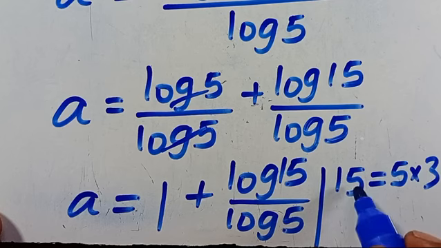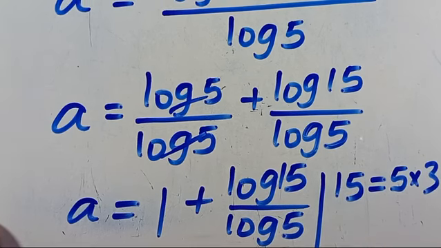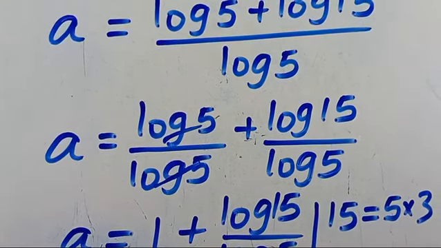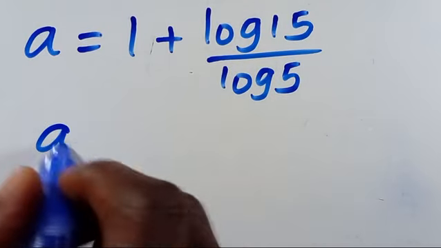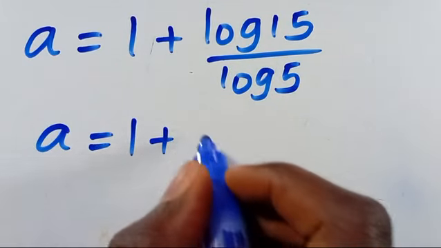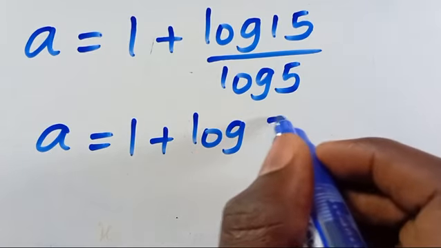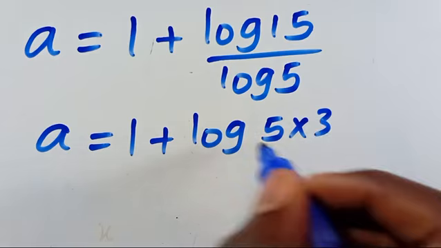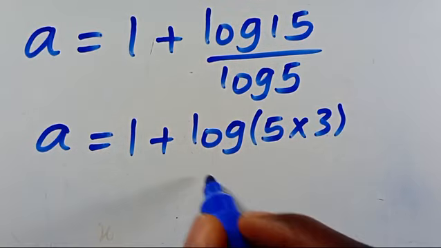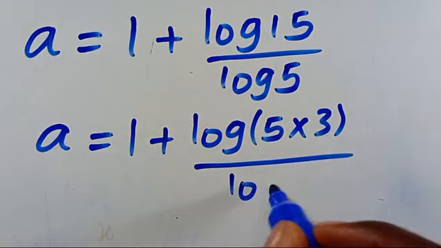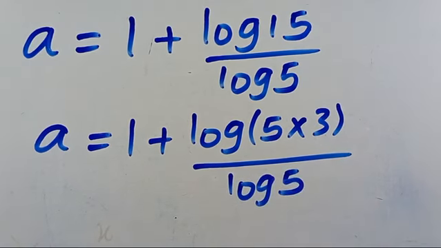So let's substitute this 15 here and see what will happen. So we have a equals 1 plus log of 5 times 3, then divided by log 5.